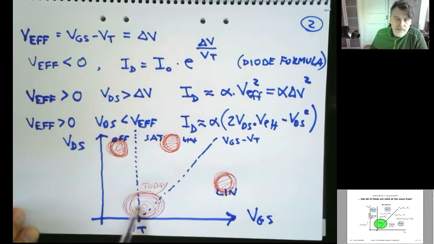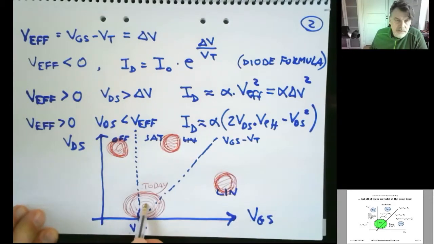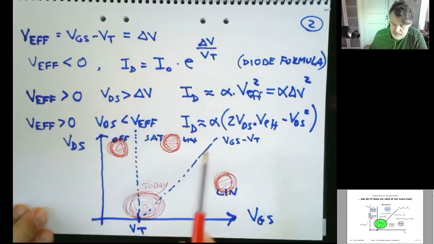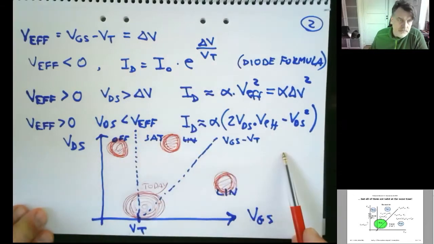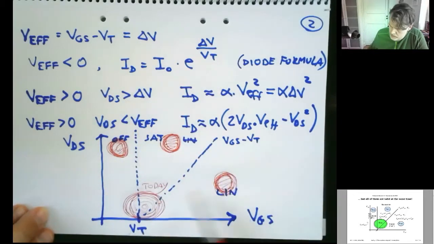So dependent on the signal levels, it might sometimes be in linear region, it might sometimes be in saturation, it might sometimes be in sub-threshold region. That implies that you as a designer today don't really know which formula to use. You are always wrong, to be honest.